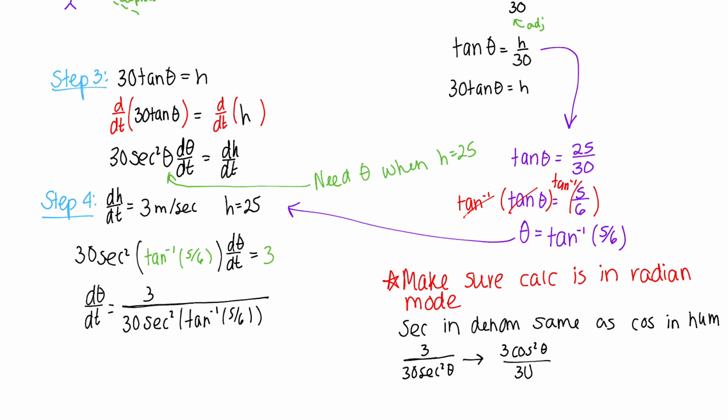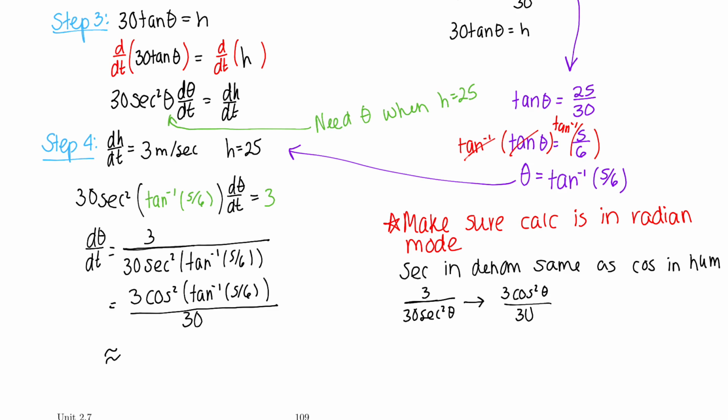So secant in the denominator is the same thing as cosine in the numerator. So this is 3 cosine squared of tan inverse of 5/6 over 30.